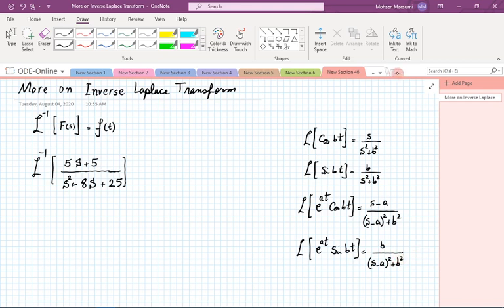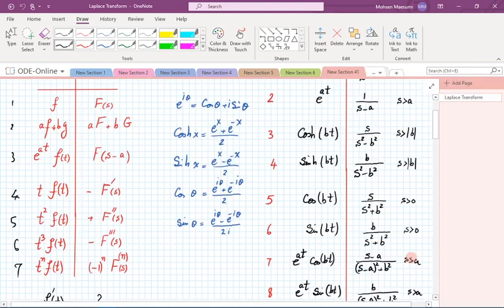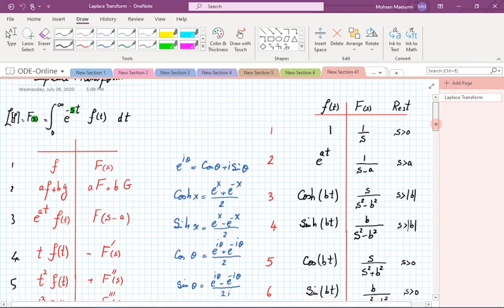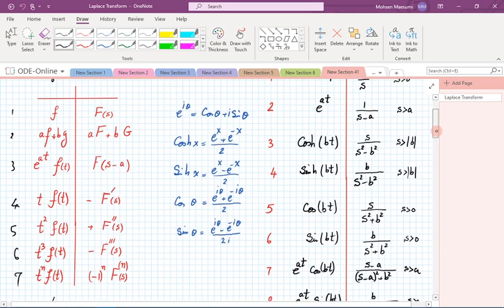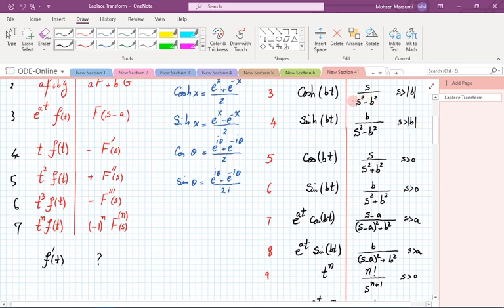So you remember, in this all important table we had a whole pile of these, and you see the hyperbolic trig functions and circular trig functions and their product with the exponential and what it does to the formula in each case.